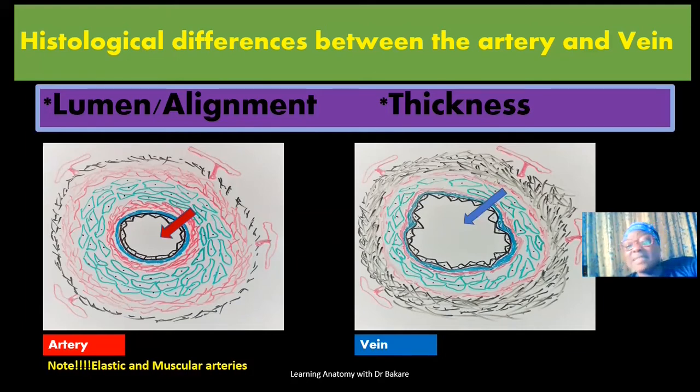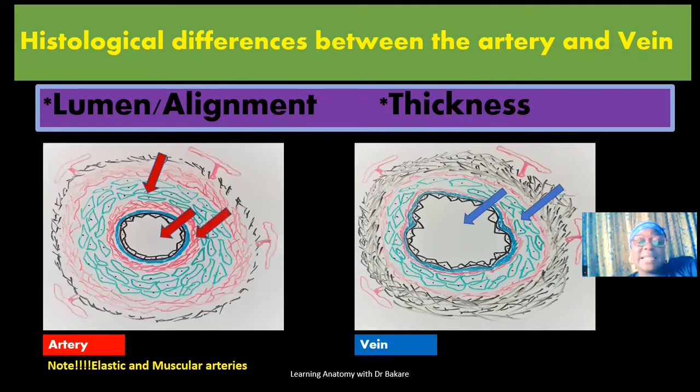If you look at the tunica media, which is the central middle muscular region, this is the region here in the artery highlighted in green, you see that it is thicker in the artery. For the tunica media in the vein, which is made up of smooth muscle, you see that it is thinner. So it is not as thick as what is presented in the artery. Also, if you look at the elastic laminar layer that helps to bound the muscular layer on the inside and also on the outside, you see that for the artery, it is also thick.